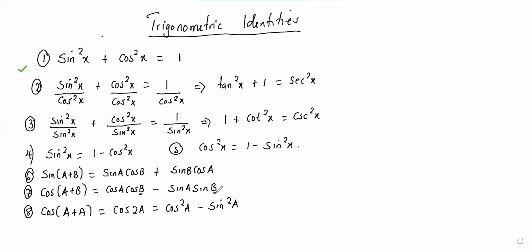Now I can write this in any way because what was cos 2A can now be written in cos form alone. So I'll have cos squared A minus, what is sine squared A? Sine squared A is 1 minus cos squared A, like that. And this can be simplified to 2 cos squared A minus 1, like that.